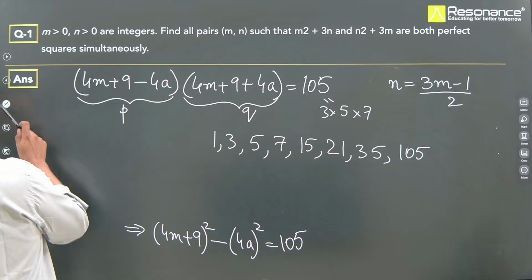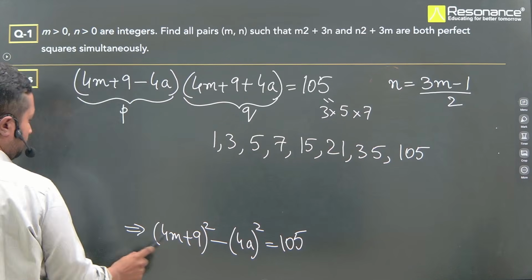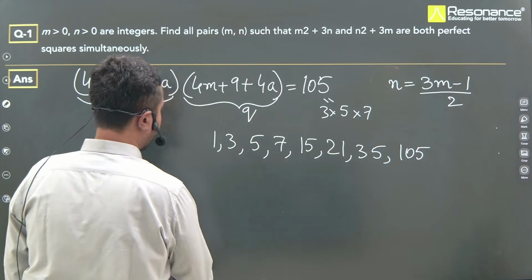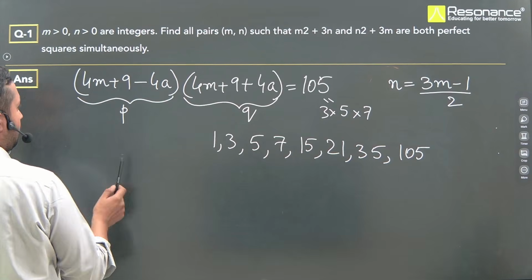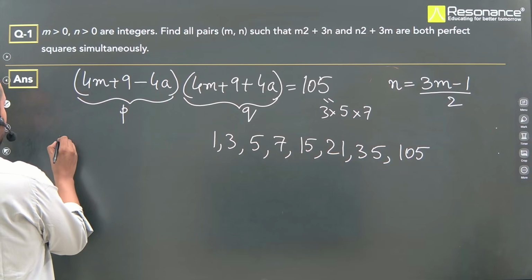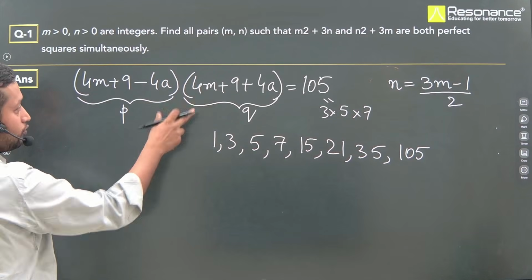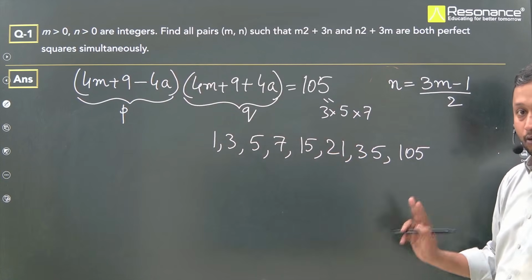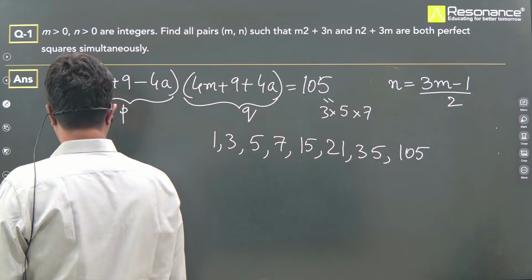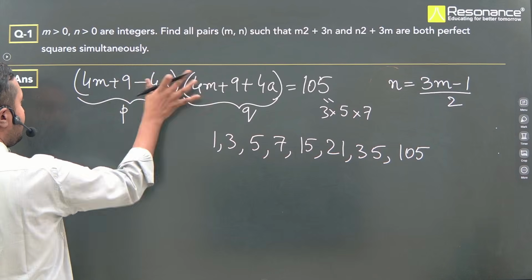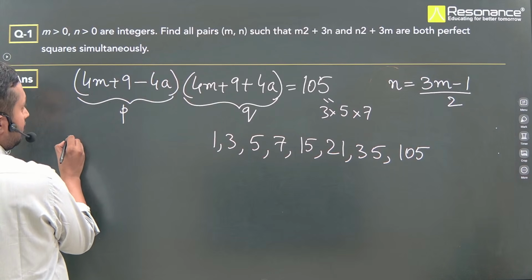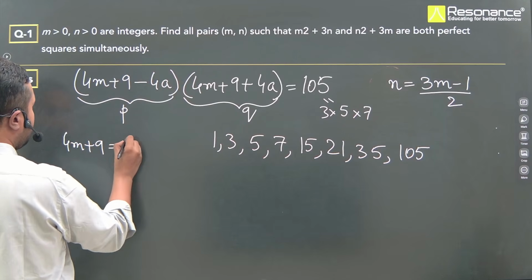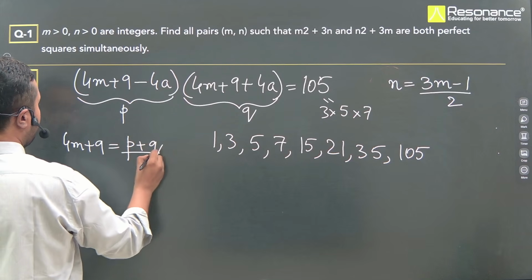So let's notice a few things. First of all, P and Q are both congruent to 1 mod 8, right? So automatically I can remove a lot of options, hopefully at least a few. If you add these two things together, you get the double of 4m plus 9, which is equal to p plus q divided by 2.